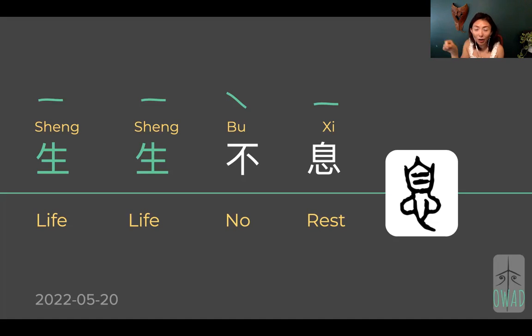Vertical is harder to draw in Chinese writing. That's my understanding and interpretation. So we draw a horizontal line.